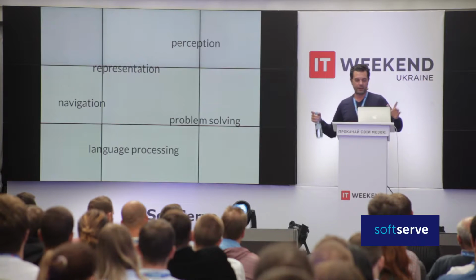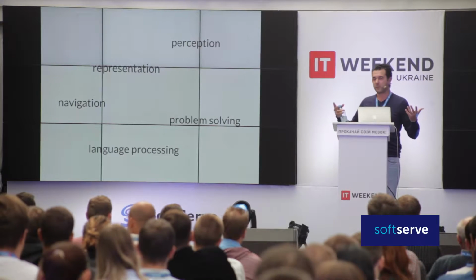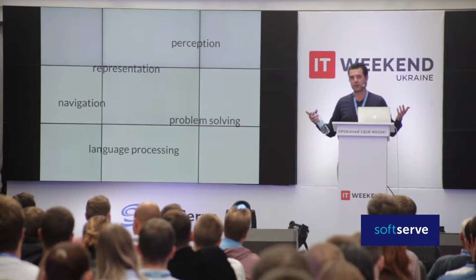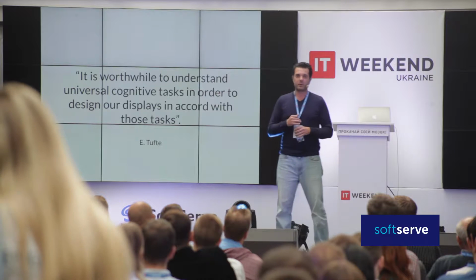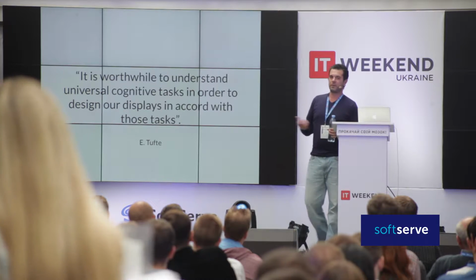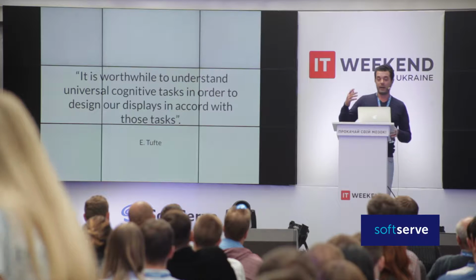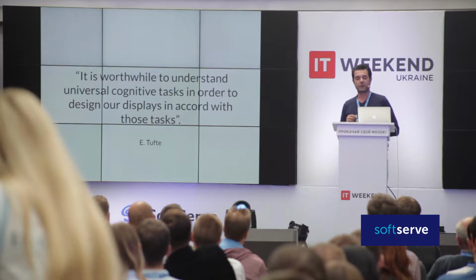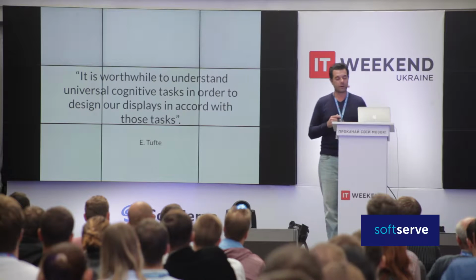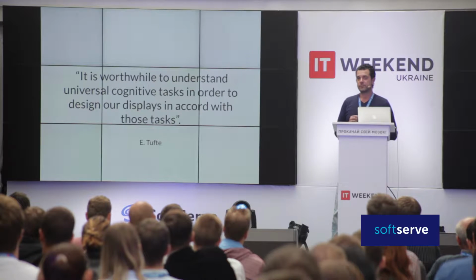It's a very complicated research field, I would say theoretical field. But a very interesting quote by Edward Tufte, one of the gurus of information visualization, says, "It is worthwhile to understand universal cognitive tasks in order to design our displays in accord with those tasks."